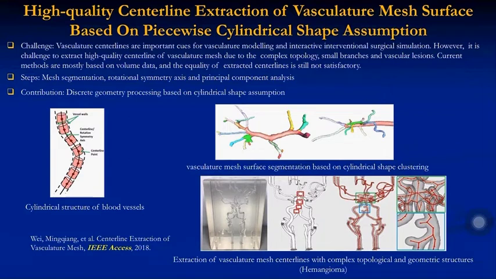By doing so, we facilitate discrete geometric processing based on cylindrical shape assumptions. And then by doing so, we can achieve much better vasculature mesh surface segmentations based on this cylindrical shaped clustering. And here the figure shows the abstraction of vasculature mesh centerline with complex topology and geometric structures.